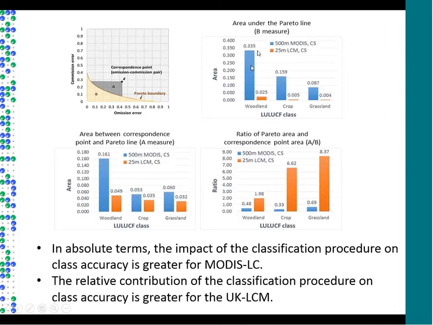So these are the blue bars here. But when we start looking at the relative contribution of the classification procedure, so basically when we look at the ratio between A and B, which is what we show in this figure here, we see that for the UK land cover map, there's much more scope for improving the classification procedure than for the MODIS map, which I thought was quite interesting.